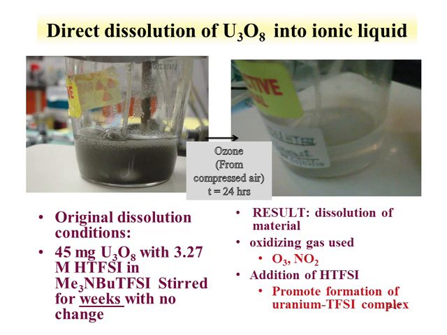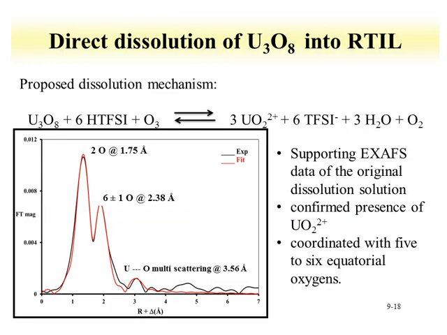And here's an example of some direct dissolution of uranium, where U3O8, treated with ozone, goes from being a solid to a solution phase. We get a dissolution of the material. Then evaluation. We did UV-vis spectroscopy, and here's some XAFS data of the uranium where we see these two oxygens. These are the yl oxygens on uranyl. These are the coordinating oxygens from TFSI.